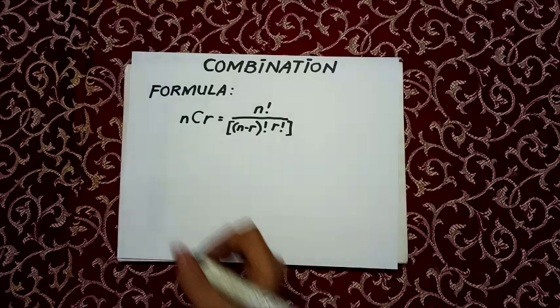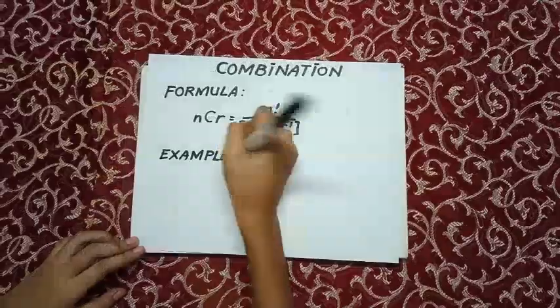In mathematics, a combination is a selection of items from a collection such that the order of selection does not matter. The formula for combination is n choose r equals n factorial divided by the quantity (n minus r) factorial times r factorial.